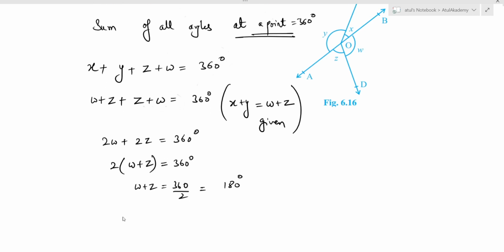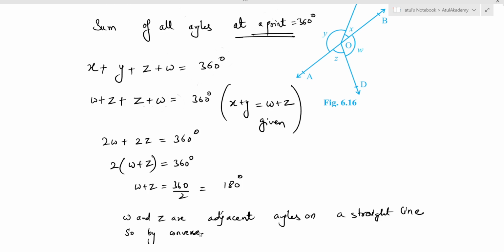They are adjacent angles. So w and z are adjacent angles on a straight line. Okay. Clear, students? So by the converse, meaning opposite, of the linear pair axiom, you will have what? AB is a line.